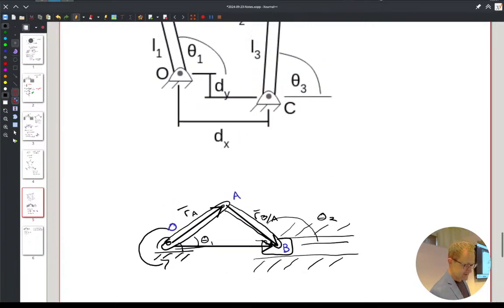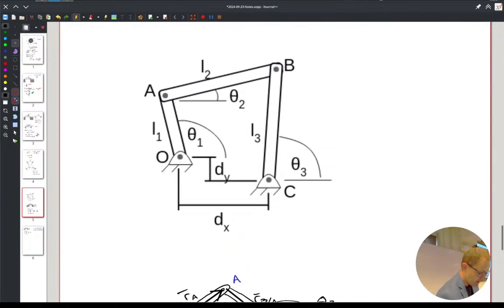We'll do the same thing here where we start looking at these different vectors. As long as we're creating a loop, we can add them up or subtract them, however we want, and come up with a description of the constraints on motion for a vector analysis. So that's our next step.